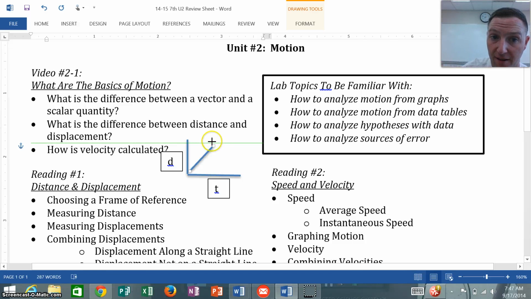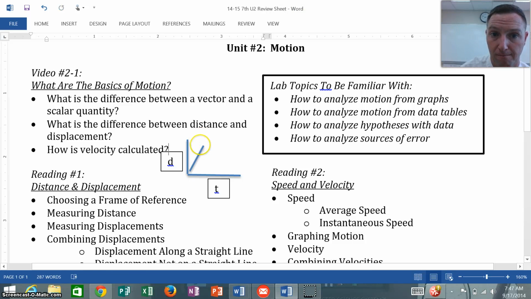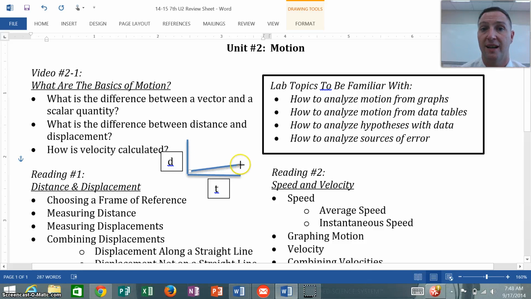If my line is really steep, my slope is really steep, that means I have a high velocity. Distance is changing a lot with respect to time. If it is pretty shallow, then my velocity is slower. Okay, I'm gaining less distance with time.